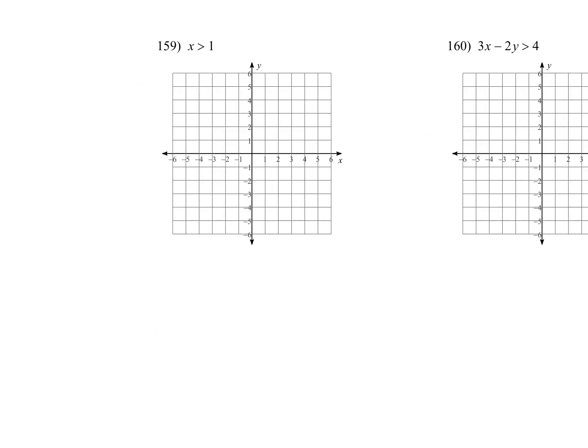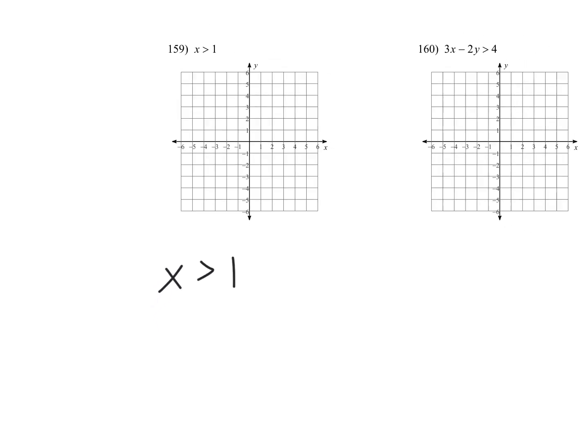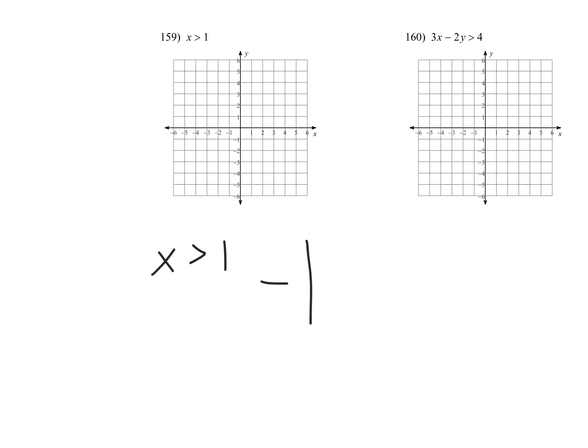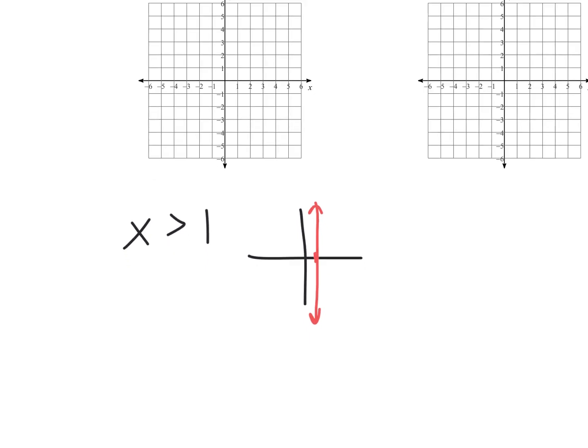This is something else I want you to put on your note card. If we have x, I'm just going to put this example. X less than 1. Draw a little graph. Where's 1 at on the x-axis? To the right 1. That's the only x value I want to hit. So what kind of line do I need to have? Straight up and down. Dashed.